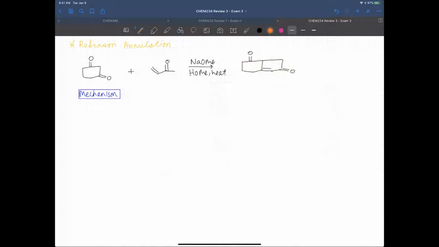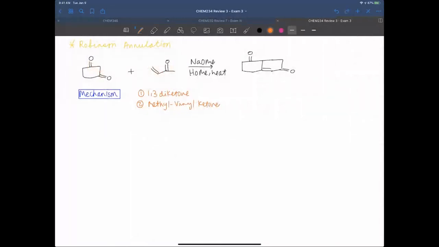There's a few driving forces. First thing to look out for is that you have a 1,3-diketone and you have a methyl vinyl ketone. Okay, so this is a methyl vinyl ketone and this is a 1,3-diketone.